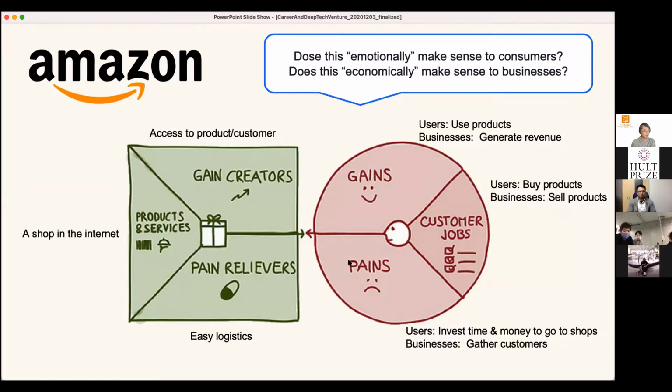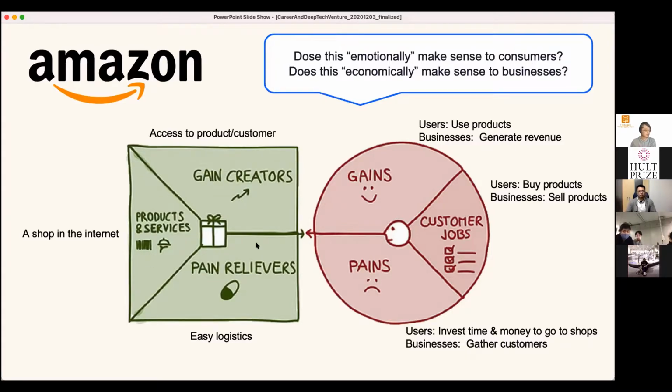And the pain is, for the consumers, they need to invest their time and money to go to shops to get something, right? And for businesses, they need to gather customers to their retail shop or something like that. So that's their pain.